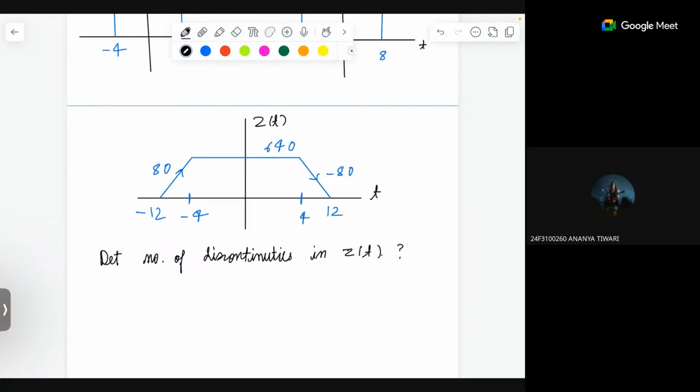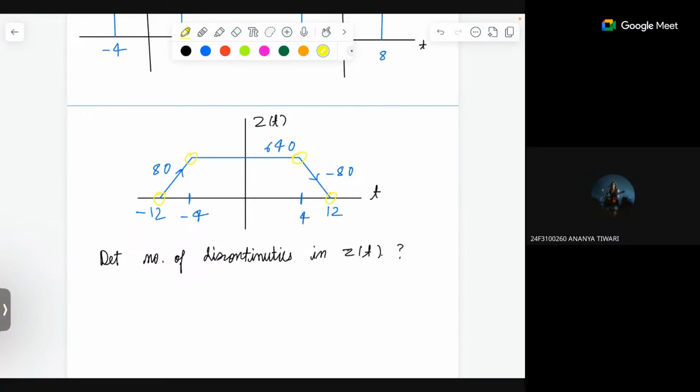Rohit, 4 discontinuities. Okay, at which points? Okay, I'll do it since we're already out of time. So I think according to Rohit, he was mentioning these 4 points.